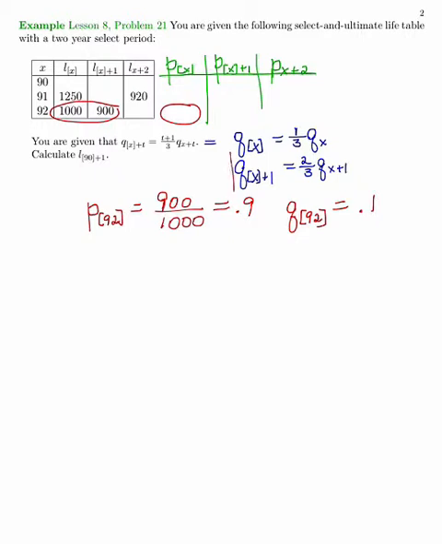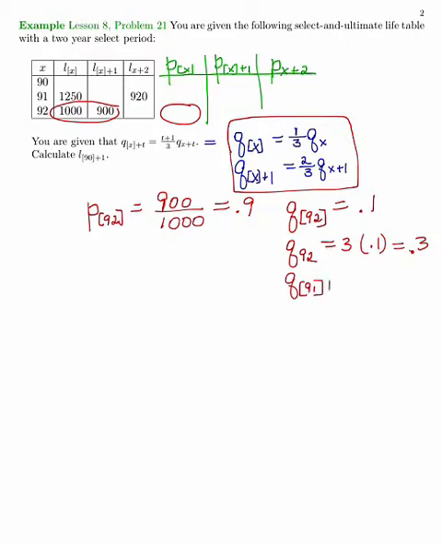And then using these relationships that I'm given, I can work out that Q92 without the bracket is going to be 3 times Q92 with the bracket. So 3 times 0.1, which is 0.3. And Q91 plus 1 is going to be 2/3 of Q92.